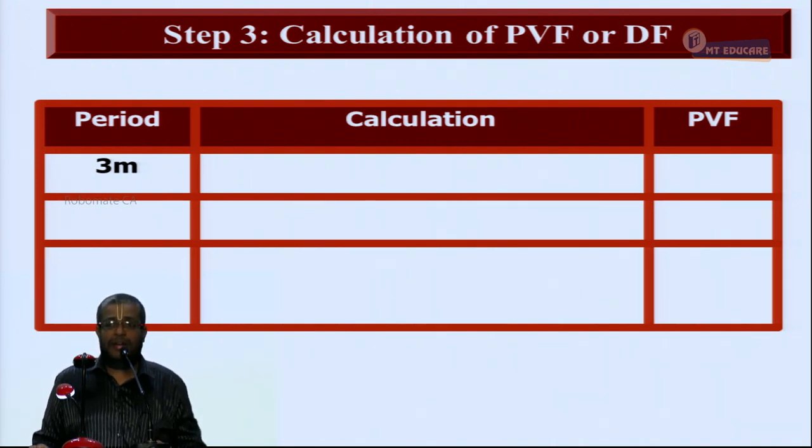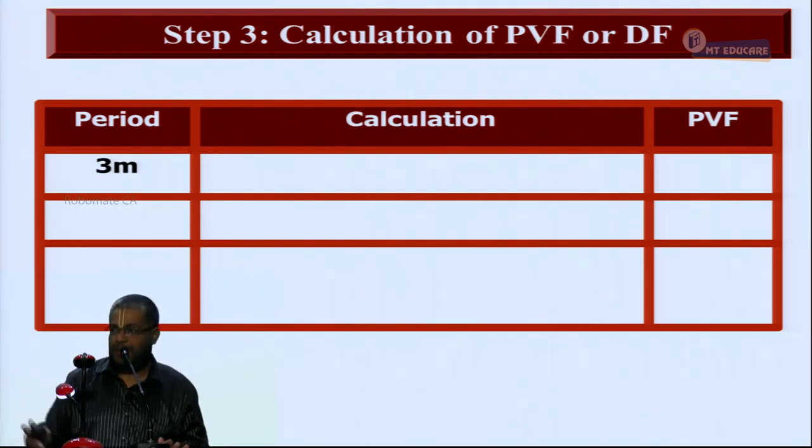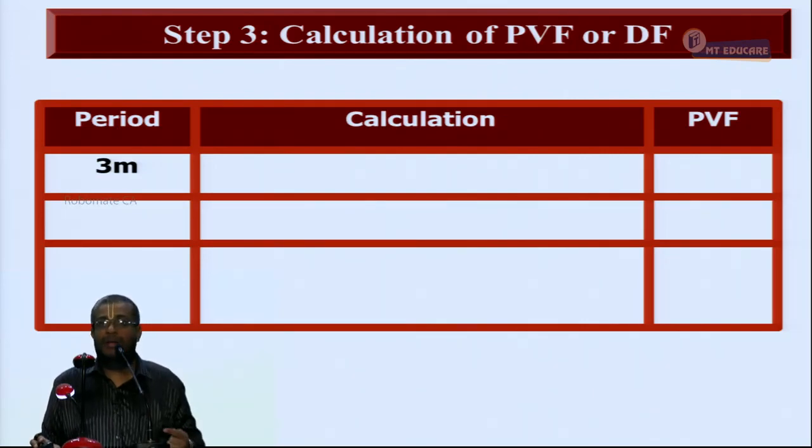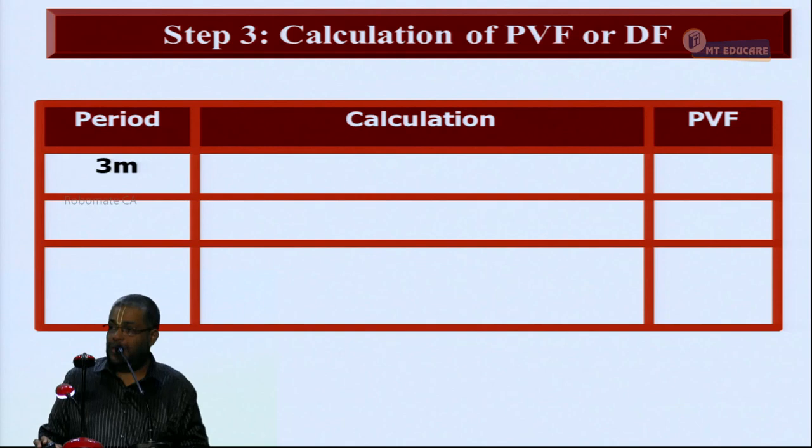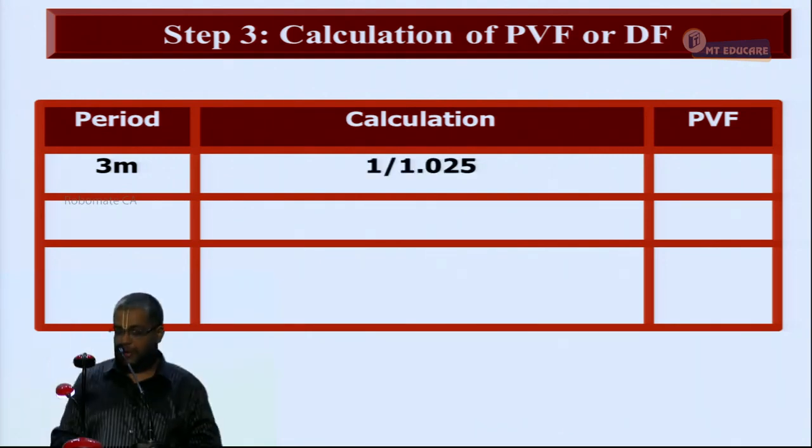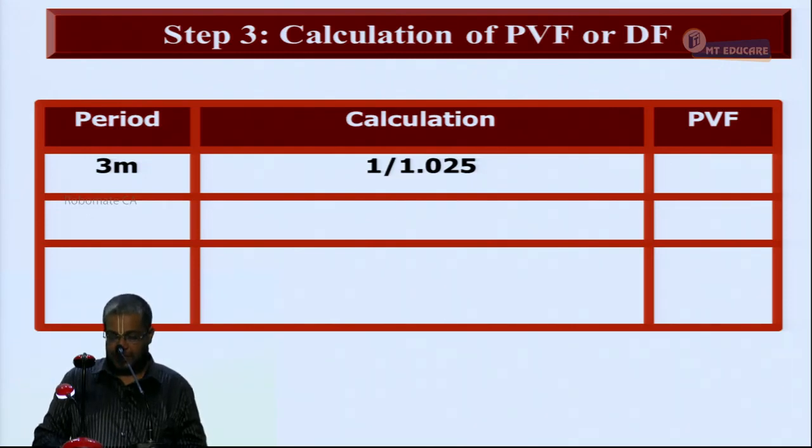I should discount at 10% for 3 months. 10% is for 1 year, 5% is for 6 months, and 2.5% is for 3 months. So the number is 1 by 1.025. Write the calculation.